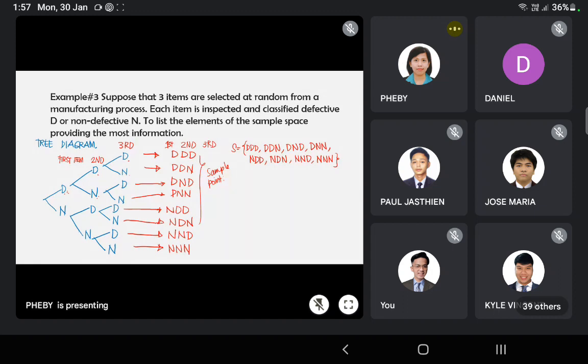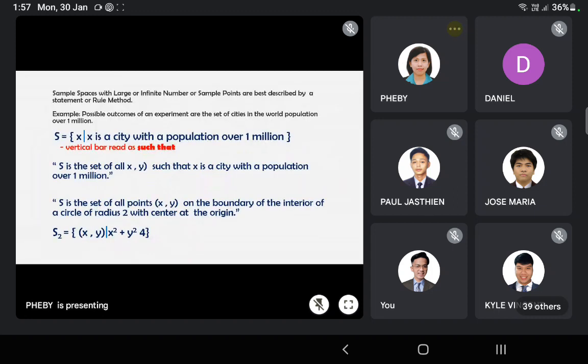Next. Sample spaces with a large or infinite number of sample points are best described by the statement or rule method. So, the possible outcomes of an experiment are the set of cities in the population over 1 million. So, this is an experiment.